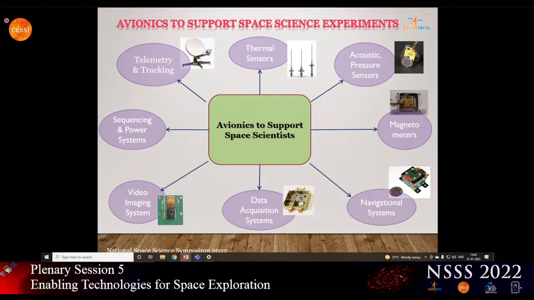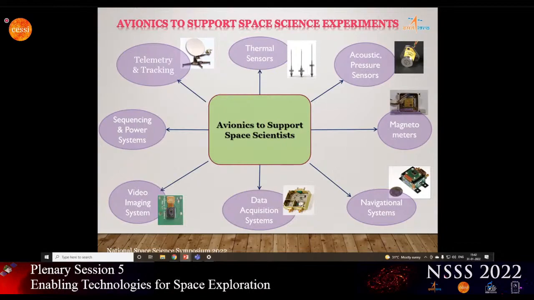These are typical avionics support that we can give especially to our space scientists for their particular research. We have acoustic and pressure sensors, so they can measure their acoustic levels as well. They can measure the pressure throughout the different layers of the atmosphere with very accurate numbers.